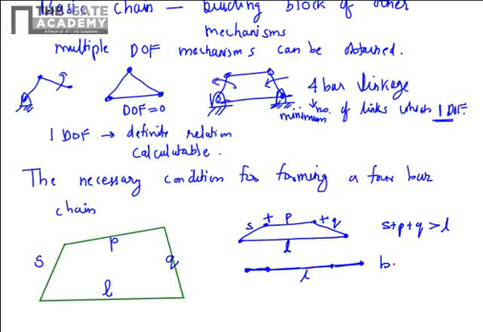So it is barely useful. So no meaningful mechanism will form like that. And you can't have the length of the longest link greater than the sum of all the other 3 links, from simple geometrical consideration. So this is the condition for formation of the chain. This is always satisfied if you can draw a diagram like this. It will be obviously satisfied.